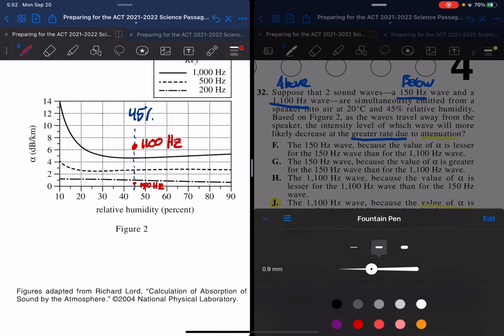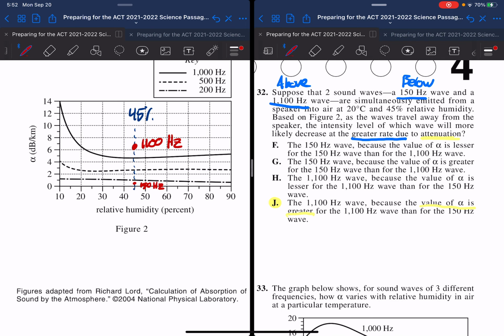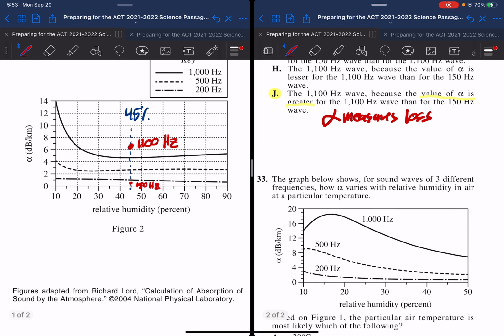And alpha, in this scenario, measures loss. Or rather, how fast you lose something. So the higher the alpha, the faster it's being lost. So that's why the answer is letter J. 1,100 hertz is higher up here, and so therefore it's going to be losing it faster.